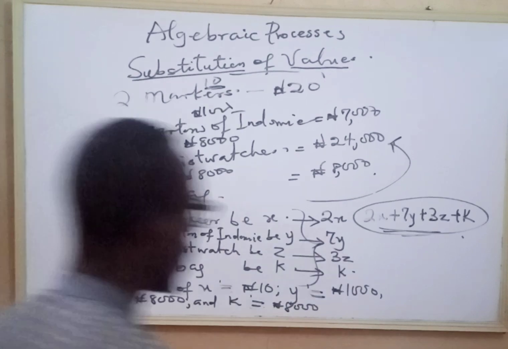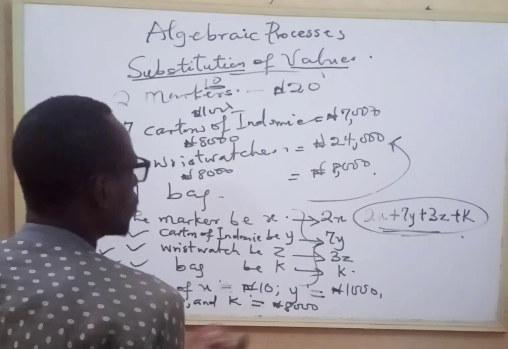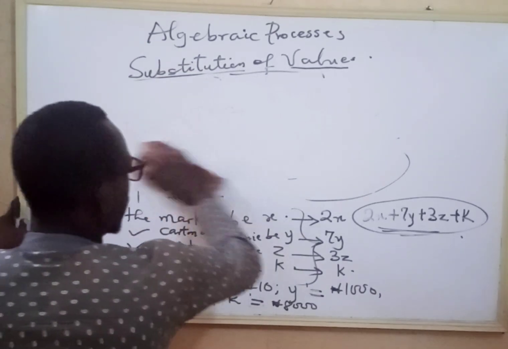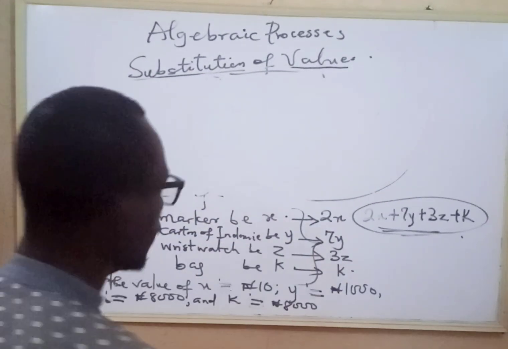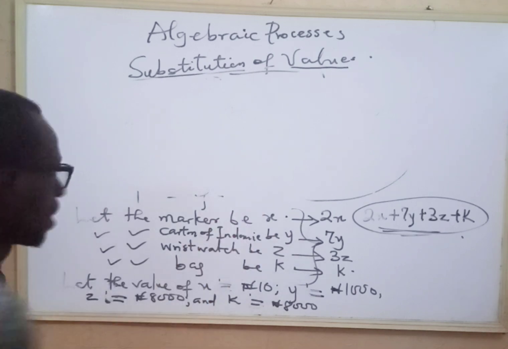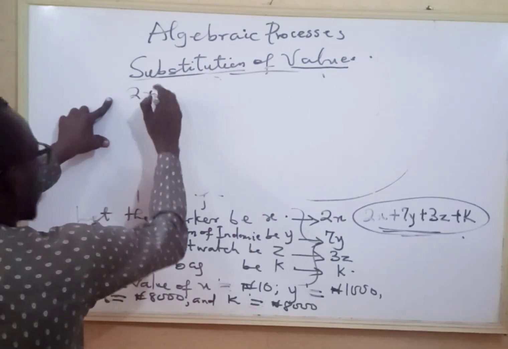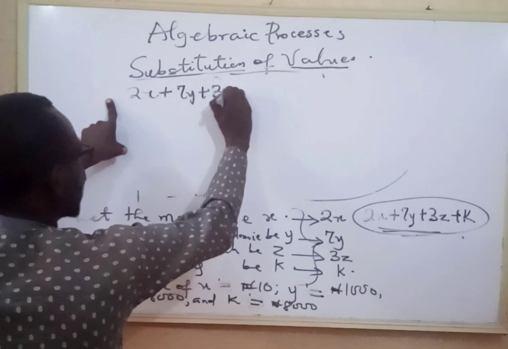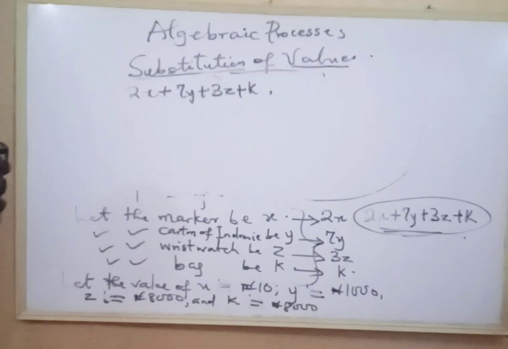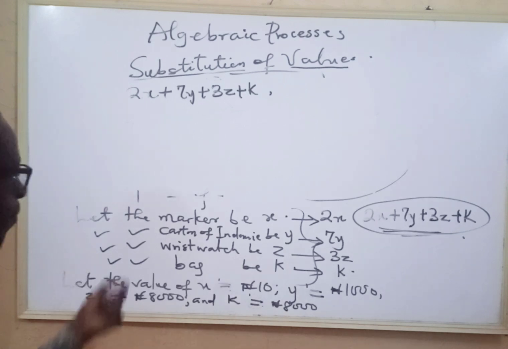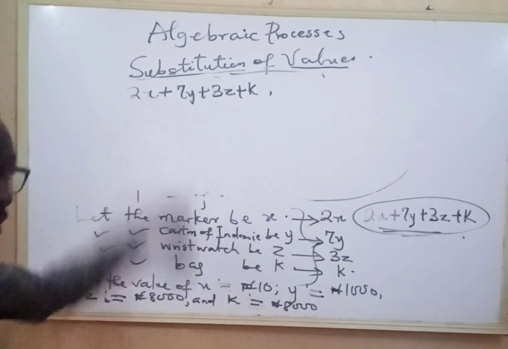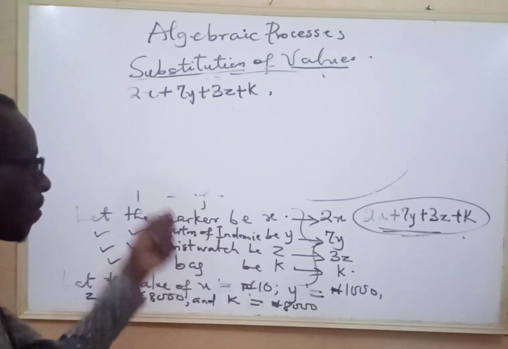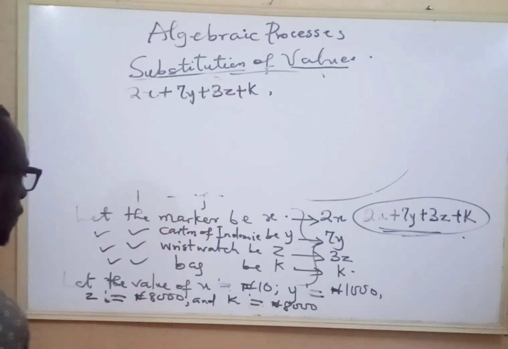At this point, we're not looking into the value of the expression. That's the expression of 2s plus 7y plus 3z plus k. And we have the value for each variable being an item you are choosing from the shelf in the grocery store.